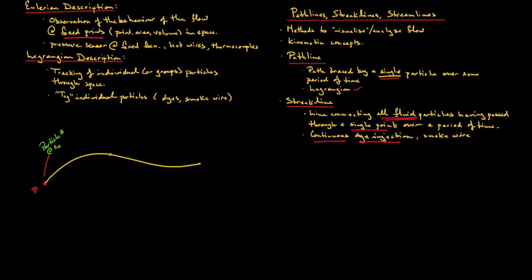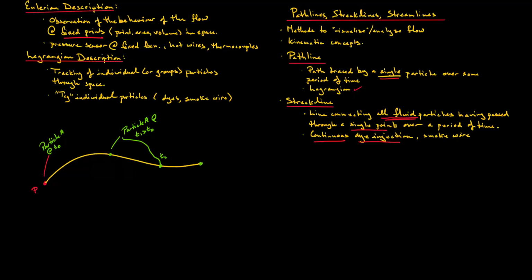So here, this would be particle A, and so this could be at T1, which is at a time greater than T naught, where it originated. Over here, this is again particle A, but here it's at another time, let's call it T2.